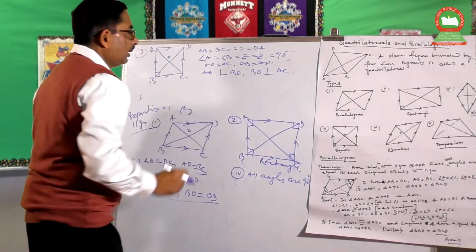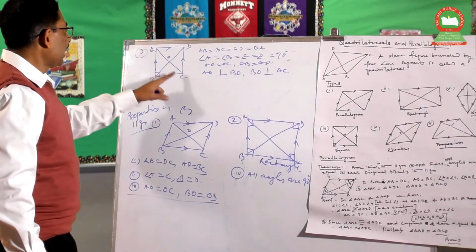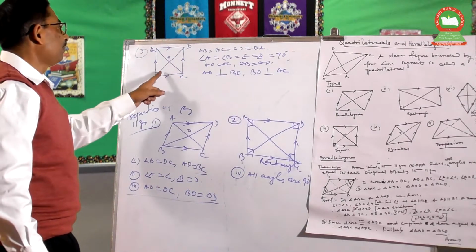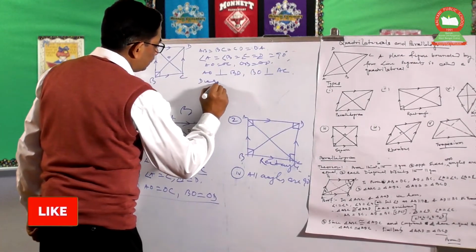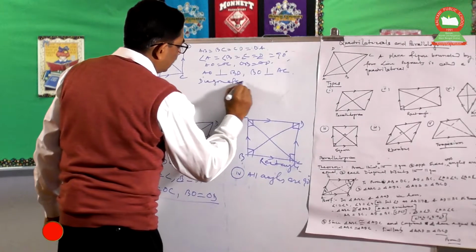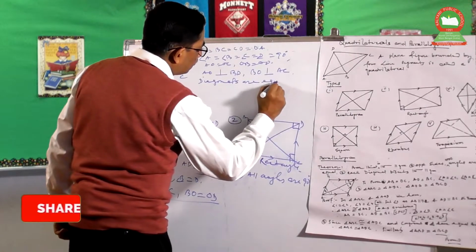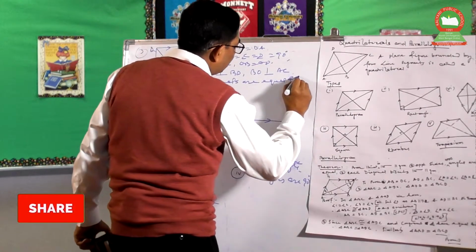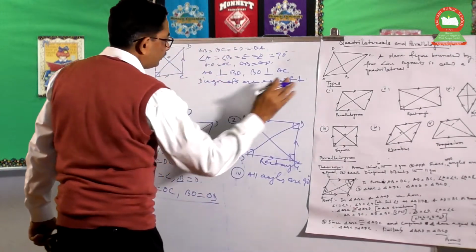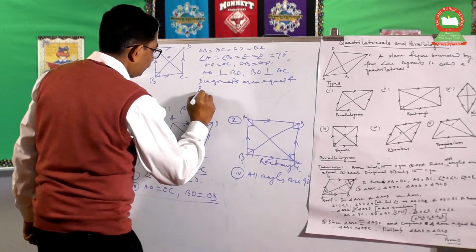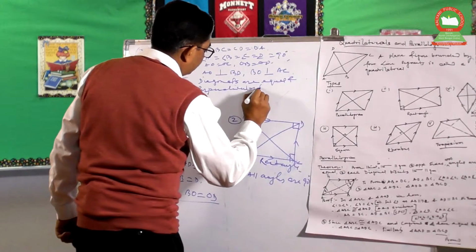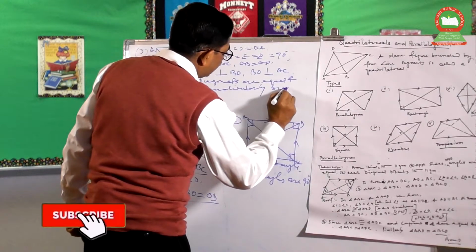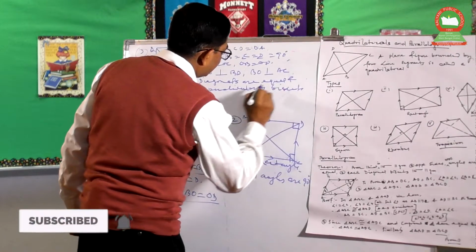Perpendicular means these diagonals perpendicularly bisect. The diagonals are equal and perpendicularly bisect each other.